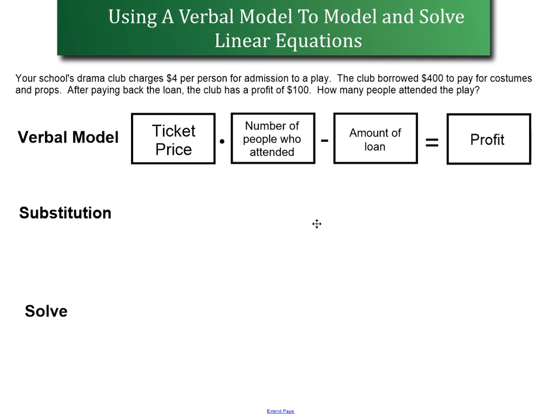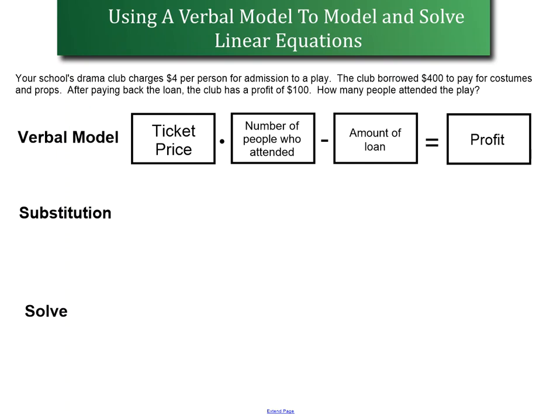That's the total amount of revenue that the play is generating. But this school also borrowed some money, a loan amount, to be able to pay for the actual putting on the production. So you have to subtract that amount, and that is what is equal to their total profit.